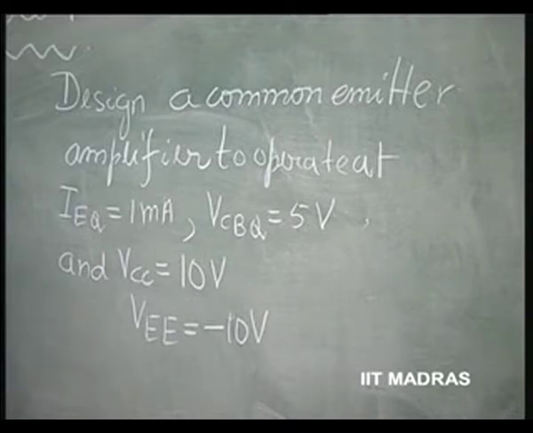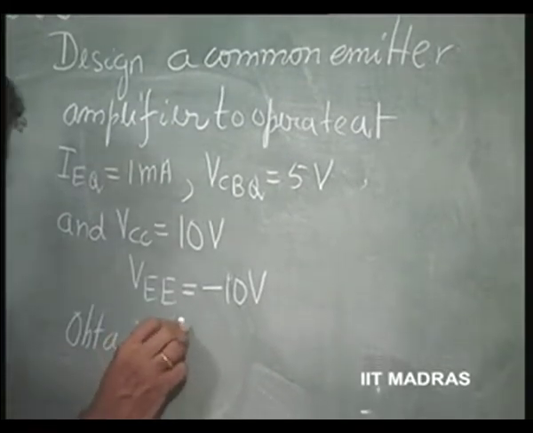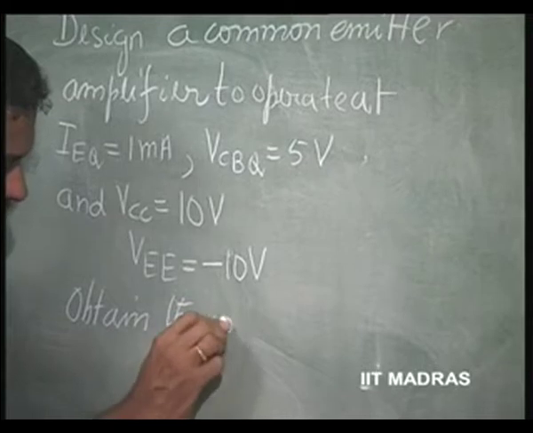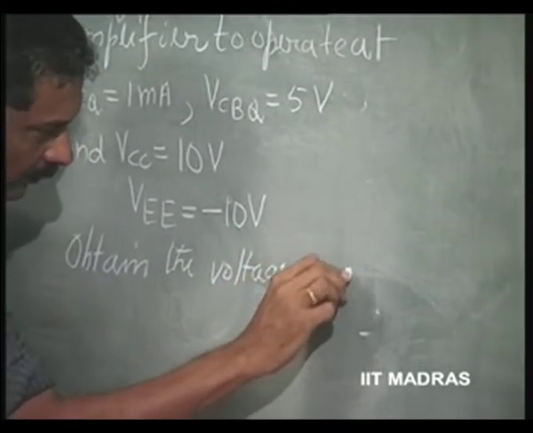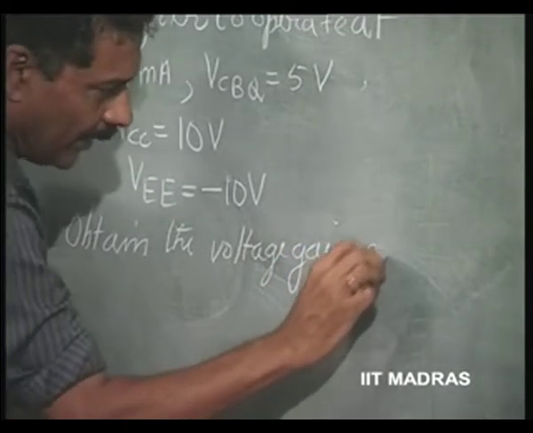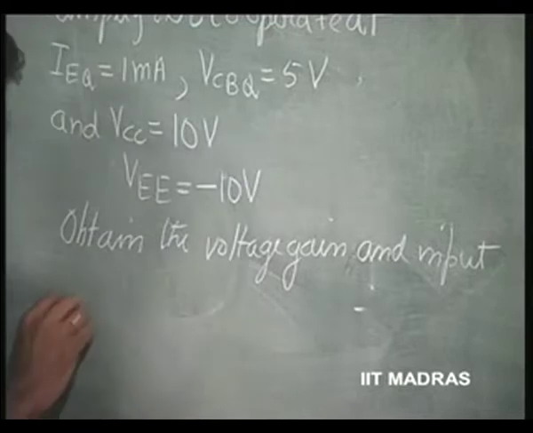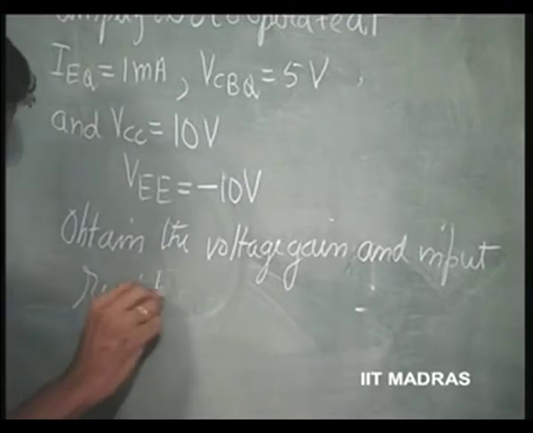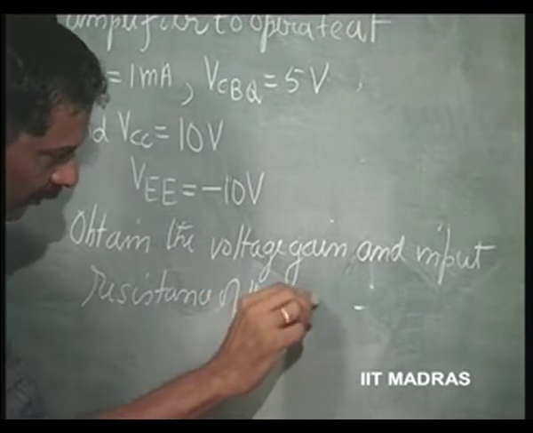Then obtain the voltage gain and input resistance of the amplifier.